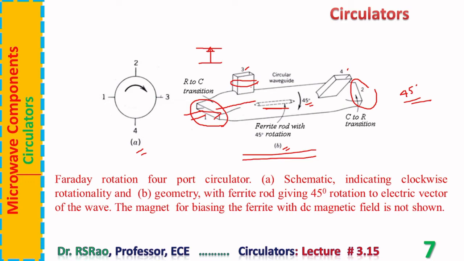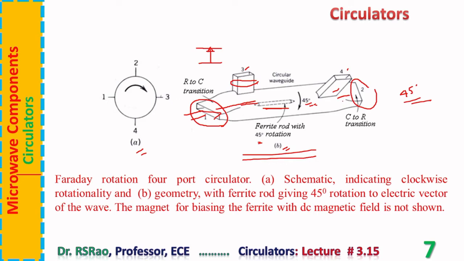Therefore, unaffected by the presence of the side arm, the wave travels, then enters the ferrite rod region. There it gets a rotation of 45 degrees towards the observer, and then the wave moves further. There it encounters a side arm with port 4. For the same reason that it is unaffected by the arm with port 3, here also the wave is unaffected by the presence of the arm with port 4, and then it moves further and reaches port 2.